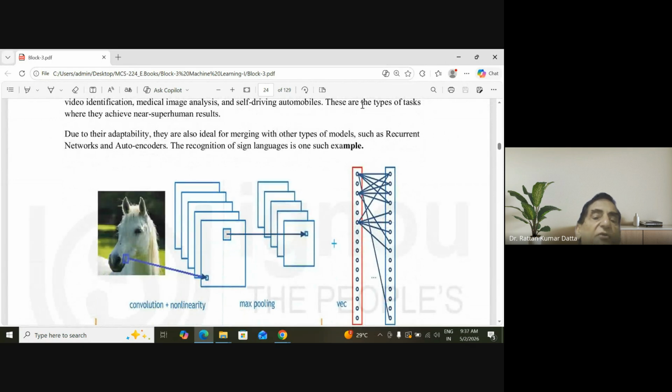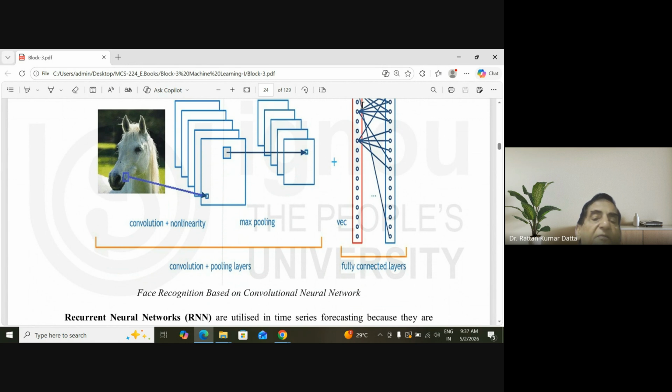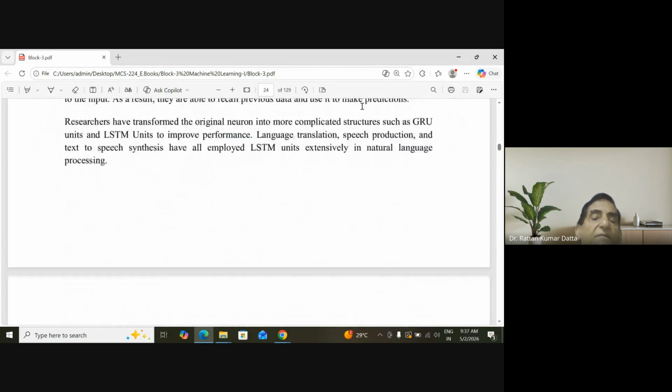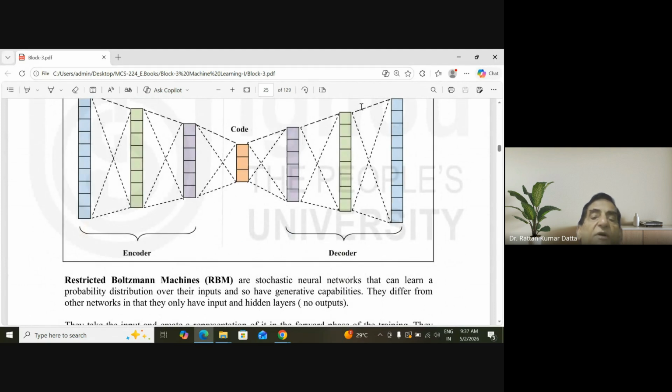So this is also a neural network. Recognition based on convolution neural network. This is also a neural network, encoder, decoder. This is encoding, and this is decoding.